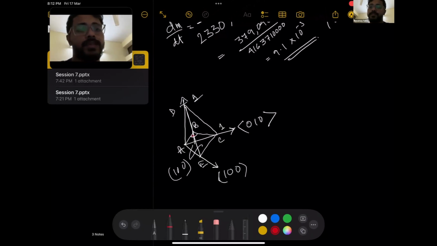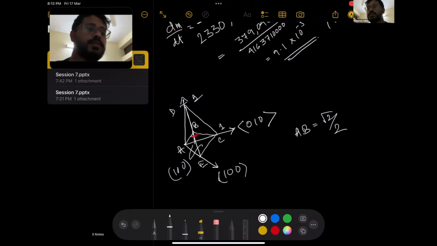This angle, your AB. You can see from the geometry that your AB is root 2 by 2 units, and AC is your 1 unit, isn't it?